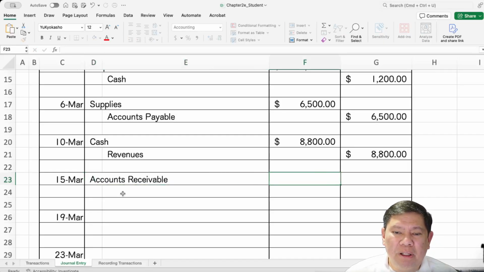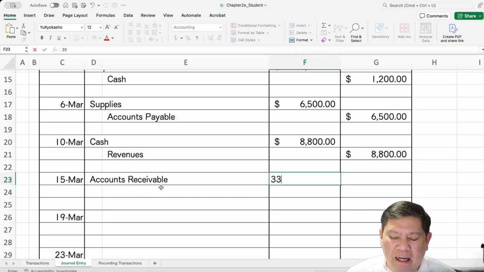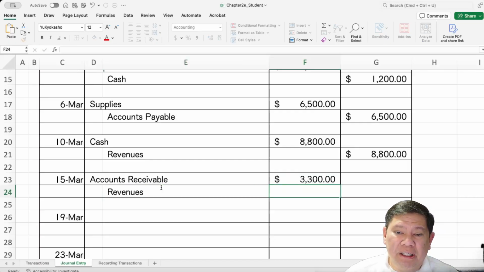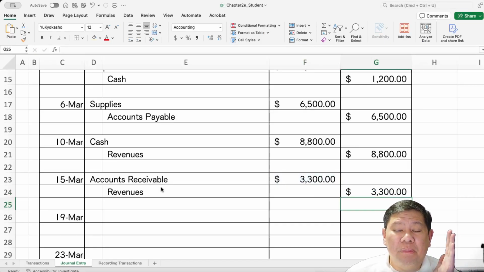That means we will be paid in the future for 3,300. That's also revenues, although we have not been paid, but as long as we have already provided the service, we can recognize revenues.